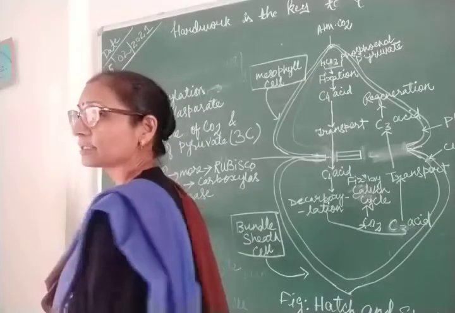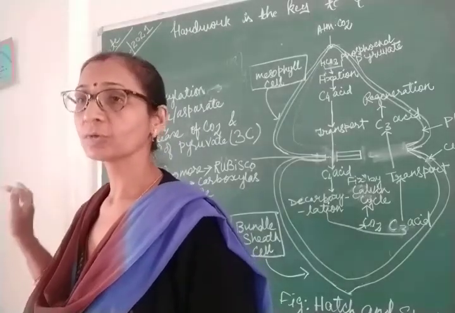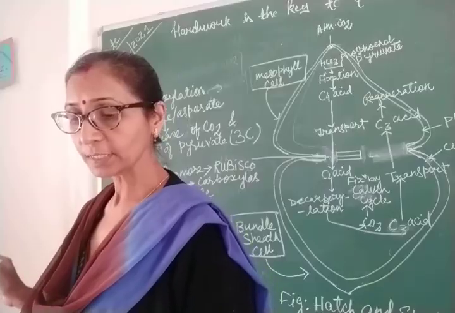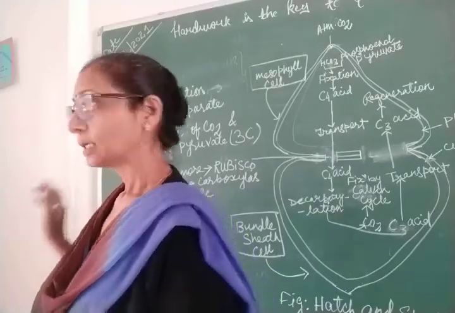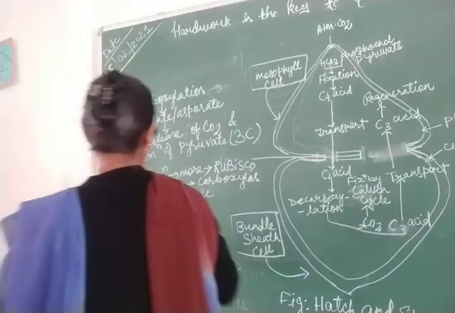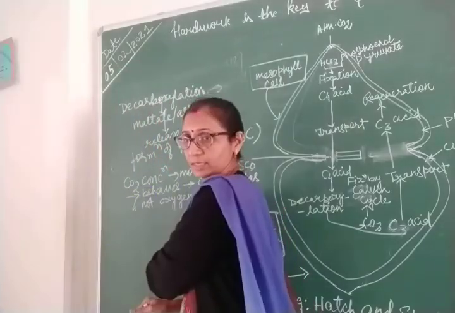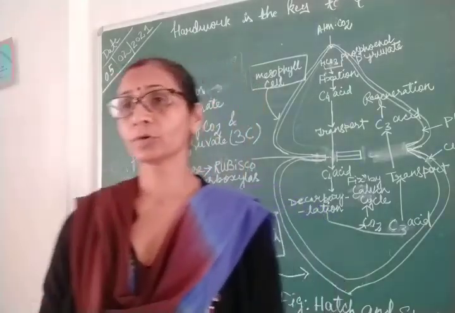If rubisco behaved like an oxygenase, there would be a loss of photosynthesis.